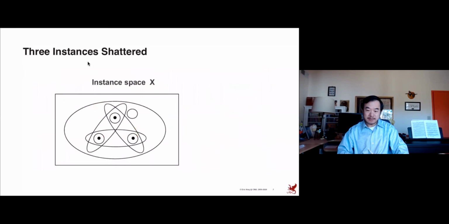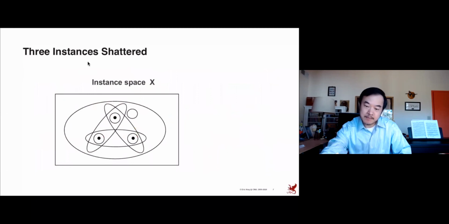Professor, can I ask a question? Yes. So for the shattering definition, if your labeling is arbitrary, then why, for example, is H limited to a certain class, such as linear?